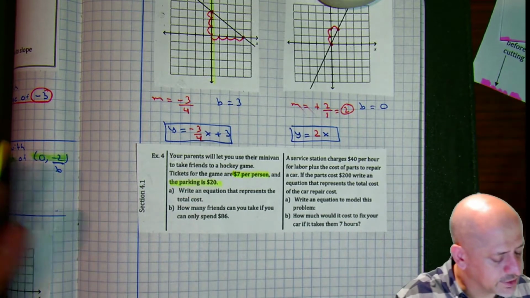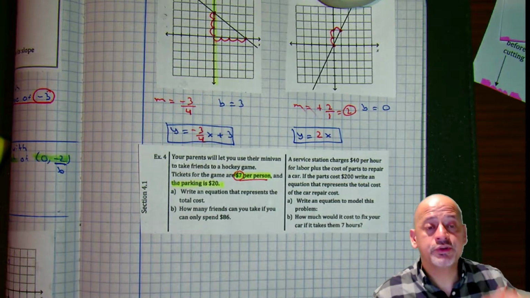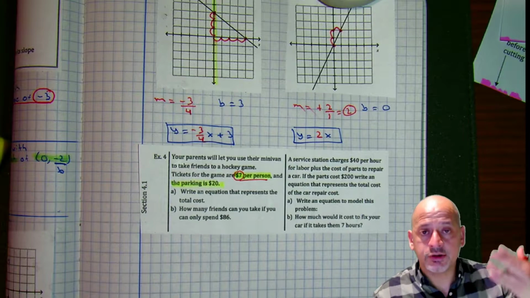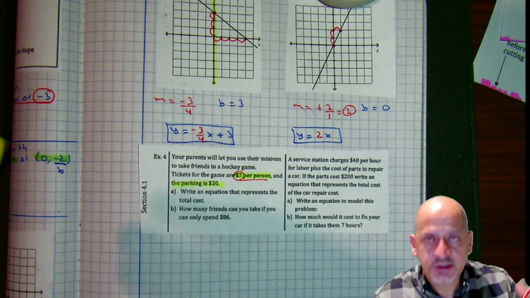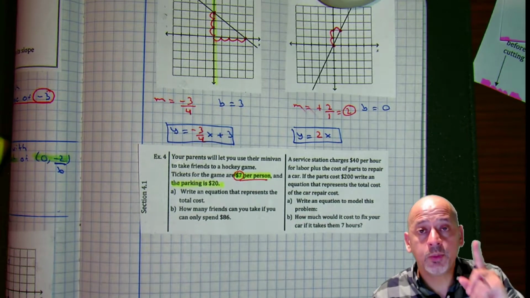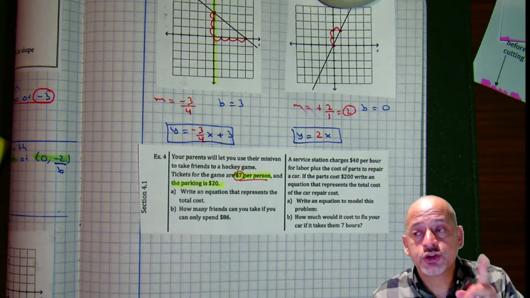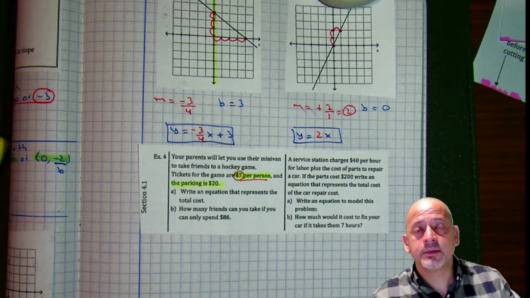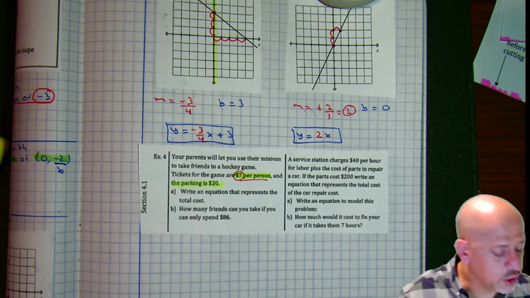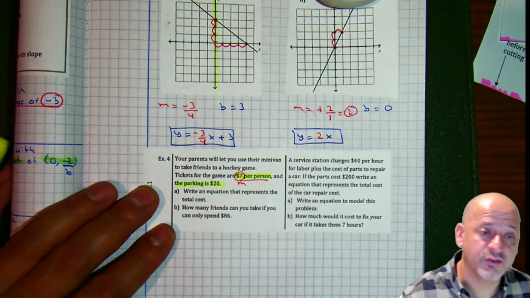Correct. The $7 per person, correct? Every person that you take is going to be $7, $7, $7. The parking is going to be paid only once. So therefore, your slope, which one do you think your slope is? Correct. Your slope is the one that repeats over and over again, your 7.